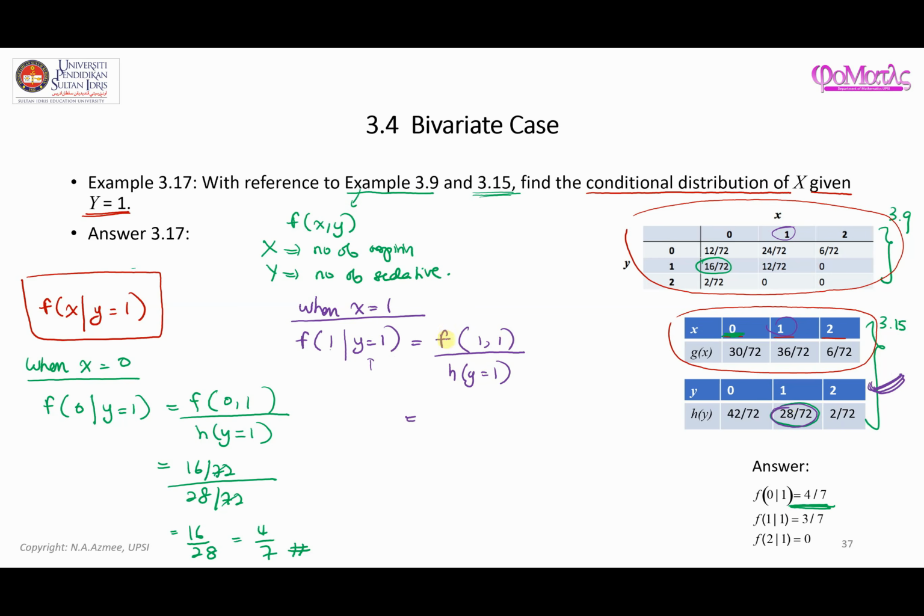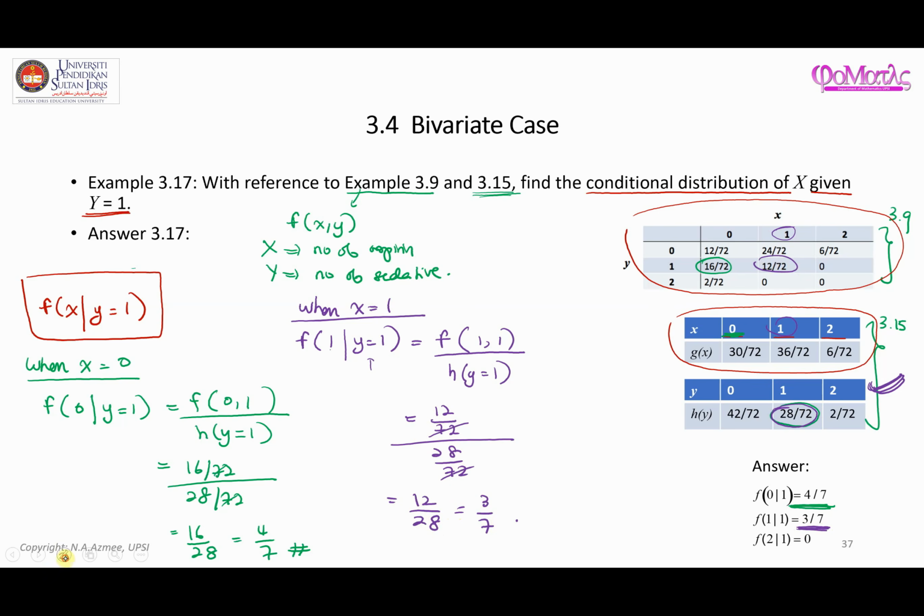At the top part here, 1 and 1 refers to this value, 12 over 72. This one over 28 over 72, and again this can be cancelled out. So you have 12 over 28, which can be simplified to 3 over 7. And so this is what you got right here.